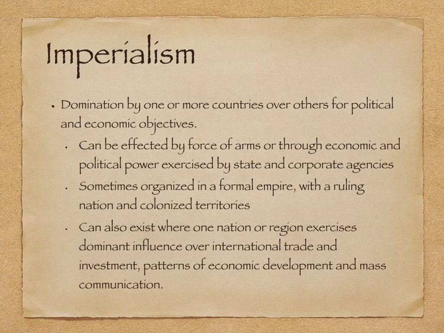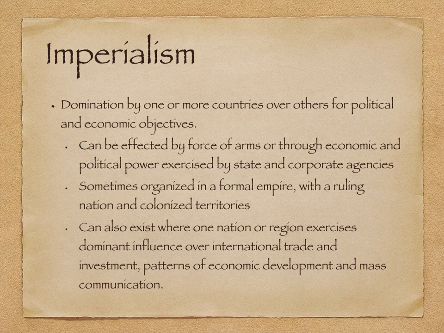Next, we have imperialism. This is domination by one or more countries over others for political and economic objectives. In terms of imperialism, what's important to note is that it can be effected by force of arms or through economic and political power exercised by state and corporate agencies. The key part of this second bullet point is that it can be exercised by a country, which makes sense when we talk about having economic and political power over another.